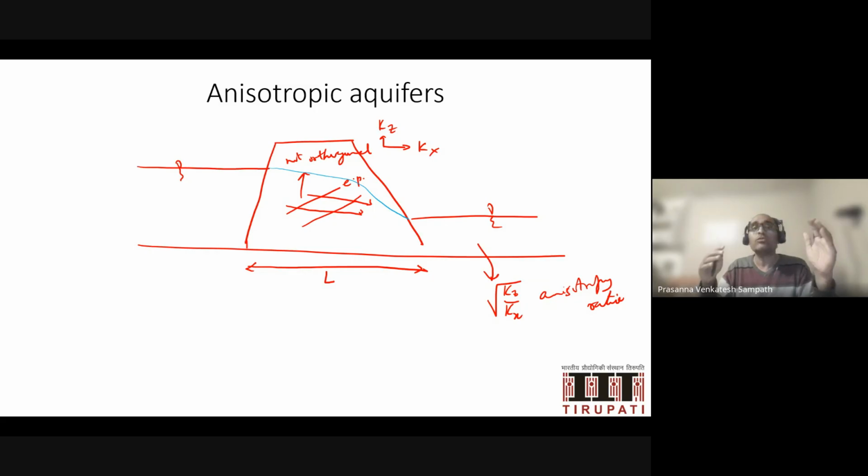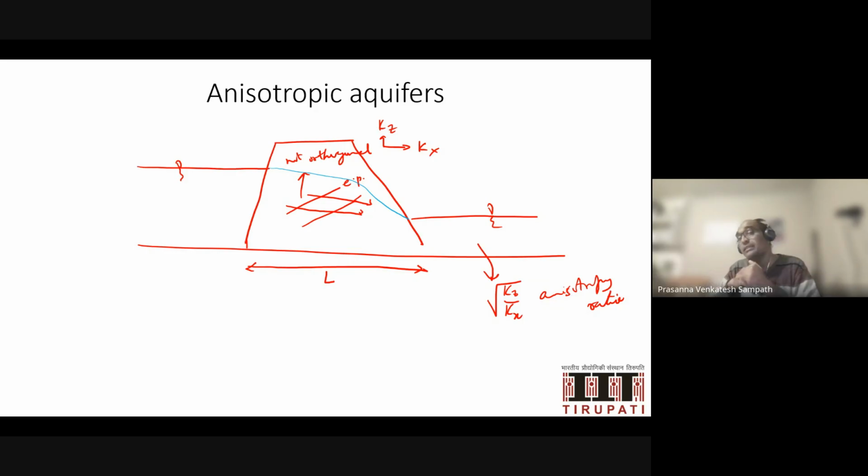Therefore, there is no flow happening in the y direction. The flow is happening only in the x and z directions. Okay, so you can analyze this problem as a 2D problem rather than a 3D problem, because in the third dimension, which is the y direction, there's not much difference at any cross section. Every cross section in the y direction is going to be the same. Okay, so it's a 2D problem.